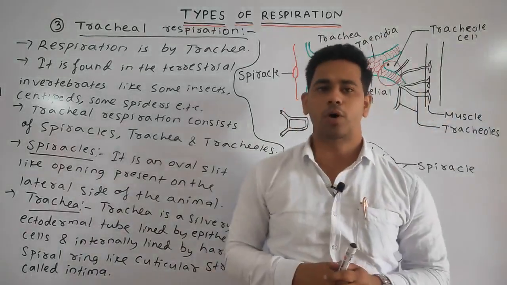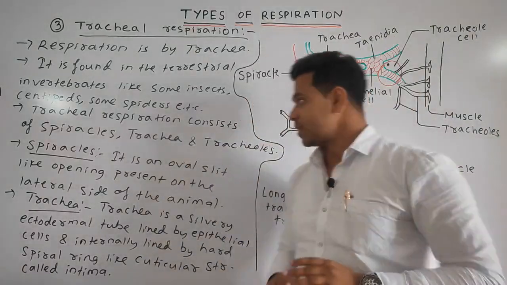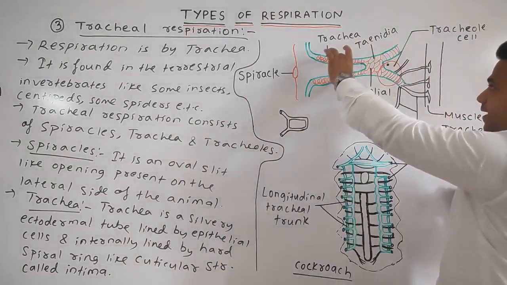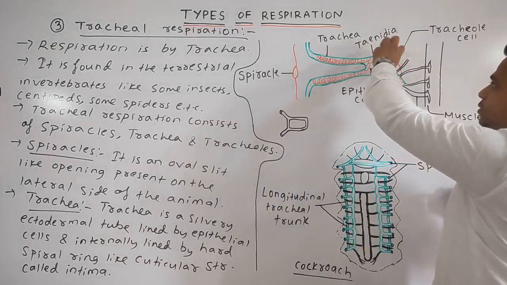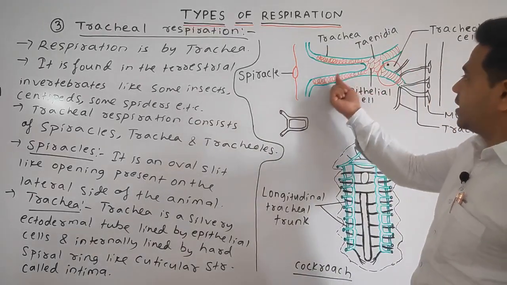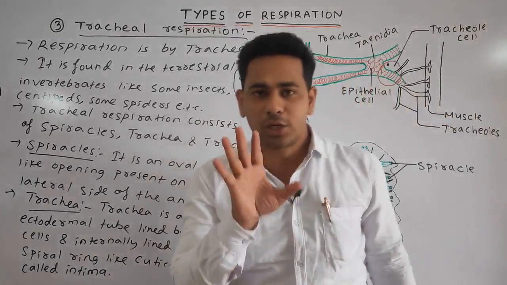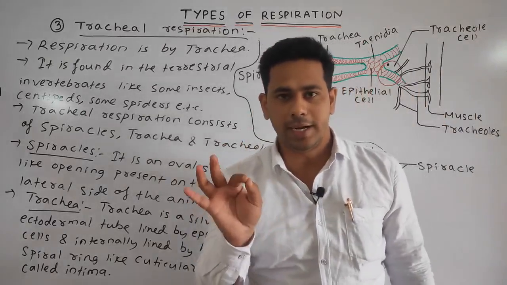Epithelial means always remember the external or outer portion. But internally it is lined by the spiral ring-like hard structure called the intima.